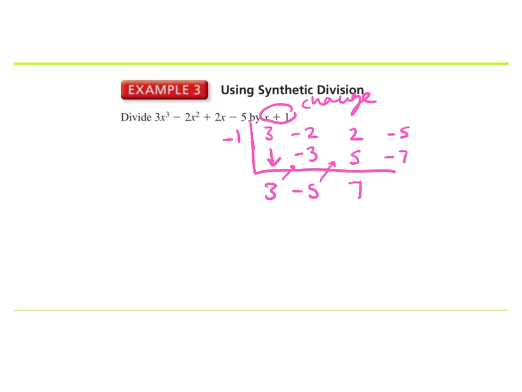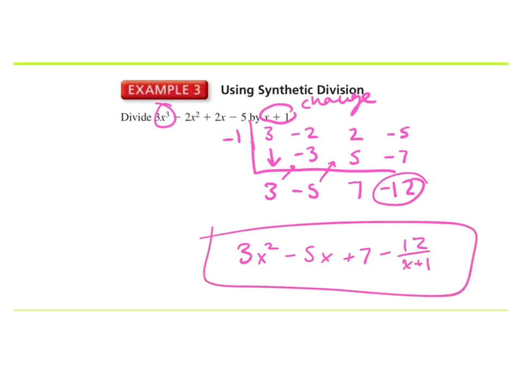And negative 7 minus 5. Negative 12. So how would we write our answer here? Awesome. 3x squared. So we start our answer with one less term than where we started with. And then our remainder is our last number, and we would put 12 over our divisor, which is x plus 1. So this is our answer.